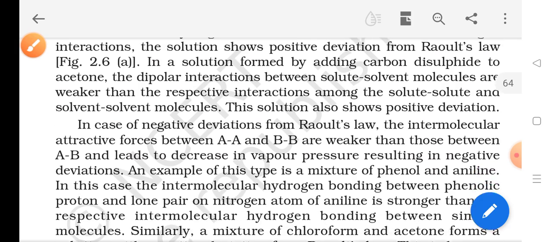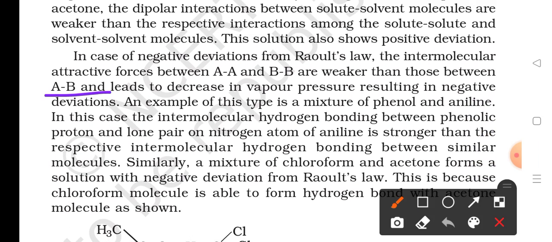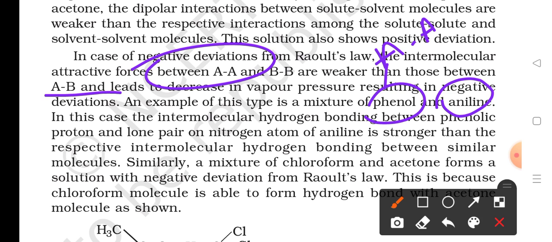And in case of negative deviation, we already see that AB bonds become stronger. So the mixture of phenol and aniline is the example of negative deviation. So what happened? AA bond in phenol is weaker. BB bond in aniline is also weaker. But what happened if we are going to add phenol and aniline? Then an intermolecular hydrogen bonding is formed, okay.